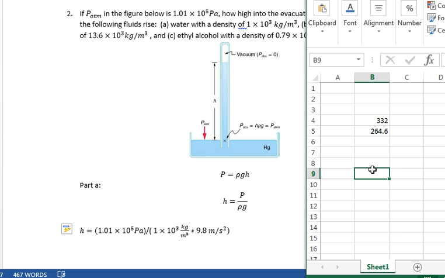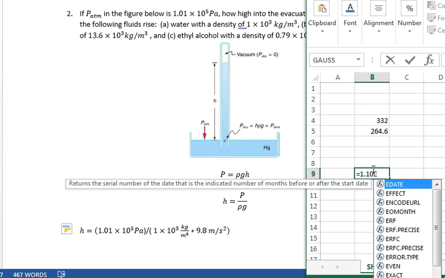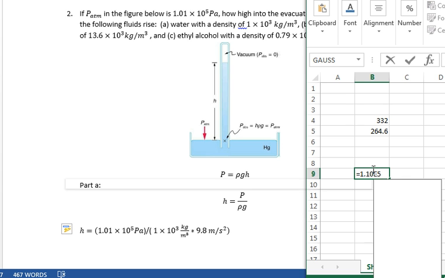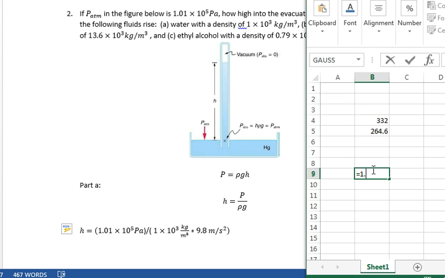We have 1.01 E5. That's atmospheric pressure. 1 E3, that's the density, 9.8. All right, so the height is the pressure divided by the density divided by acceleration of gravity.